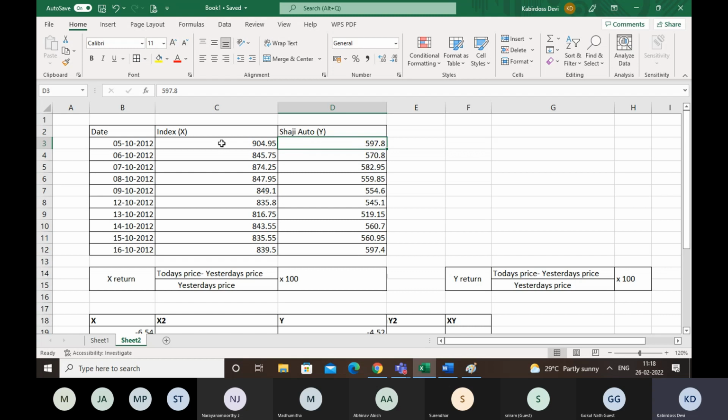Beta is, we check the correlation of the script with that of the index. I told you, the beta should always be 1. If the beta value of the stock is 1, it means the script is in line with the market. If the market rises, the value of the script also rises.